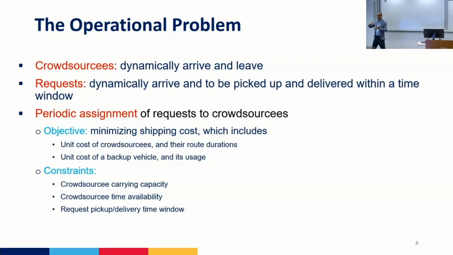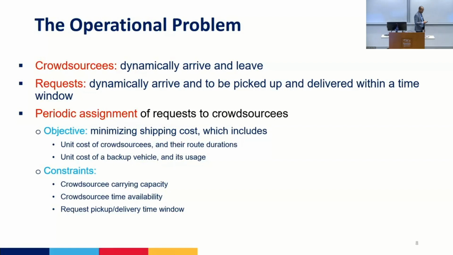If you have assigned the crowdsourcees to requests in a bad way, right? And also you have time limits that you need to honor, and your customers will not be happy if something that was supposed to be delivered within an hour is going to be delivered 30 minutes later or an hour later, right?